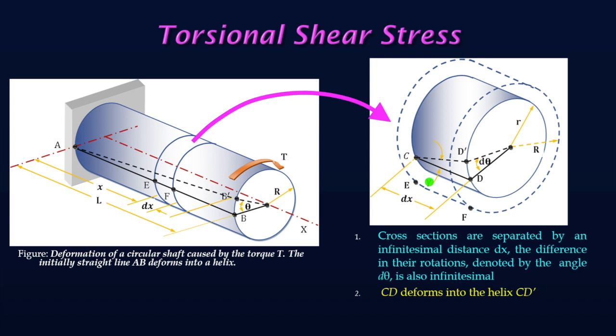Now we have to find out the torsional shear stress, meaning the shear stress due to application of torque. Here, this CD shifts to CD dashed after deformation.